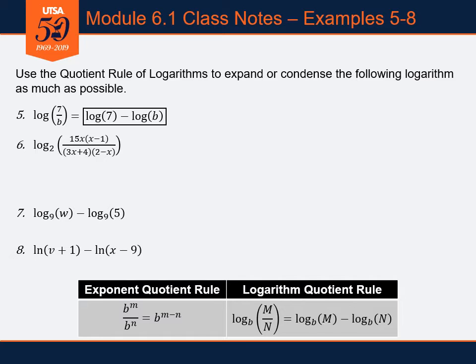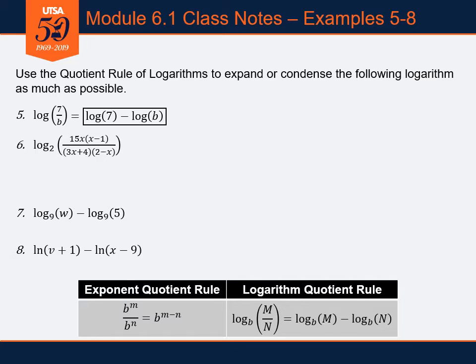And that's all they're asking us to do here. Just expand and split this. Use your properties of logarithms to expand and split up a complicated logarithm into simpler pieces. They're not asking us to solve here. Don't worry, they'll be asking us to solve soon enough. But in Module 6.1, we're just getting practice with these properties.